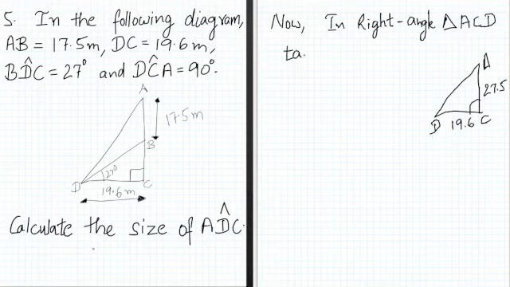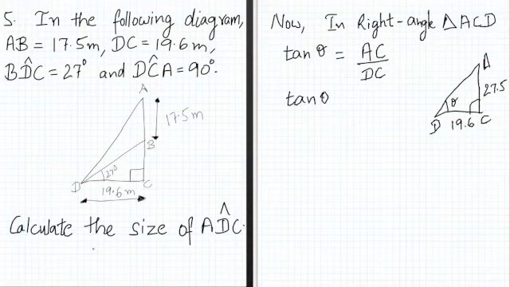So tan, because we need to calculate the angle this time, so tan theta, we call this total angle theta, theta is a Greek letter, is equal to AC over DC. Tan theta is equal to 27.5 over 19.6.